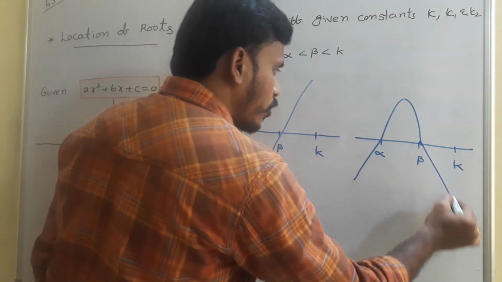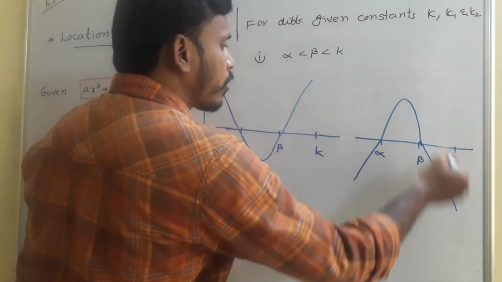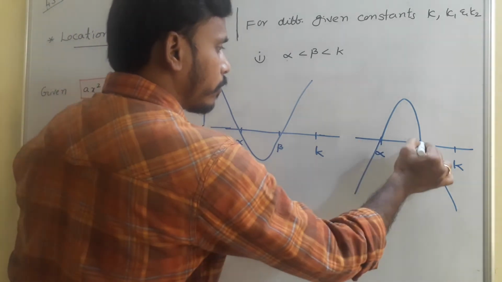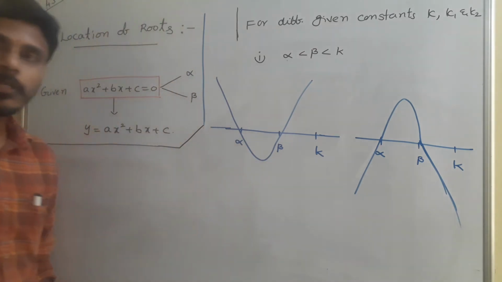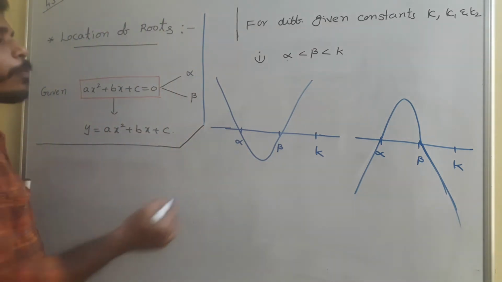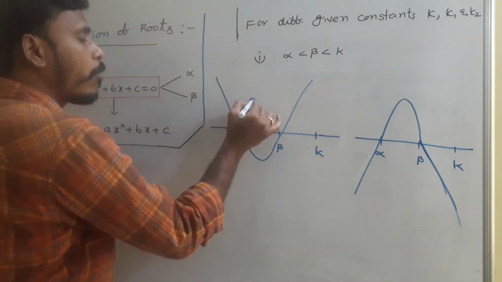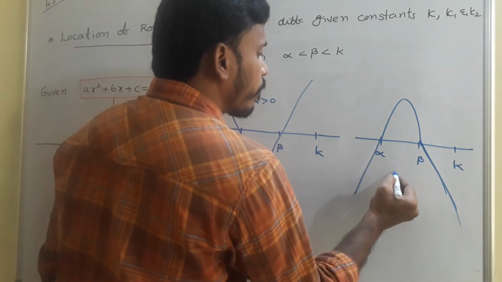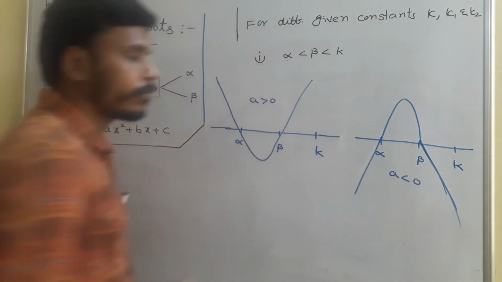It passes through the roots. We need to draw an exact parabolic shape, not like this. Upward parabola happens if a is greater than 0, downward parabola happens if a is less than 0.